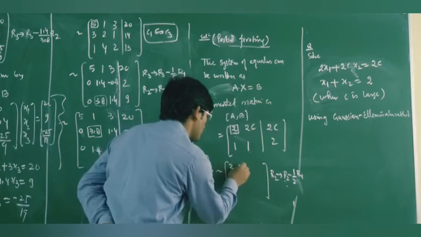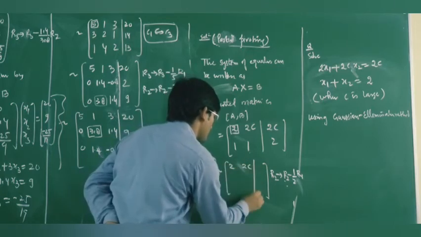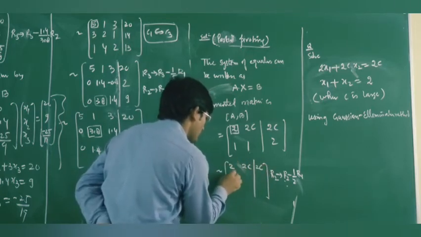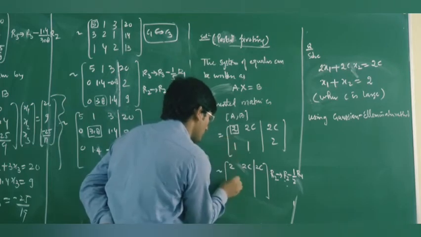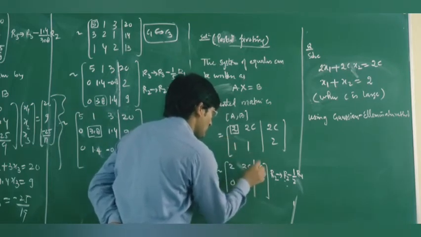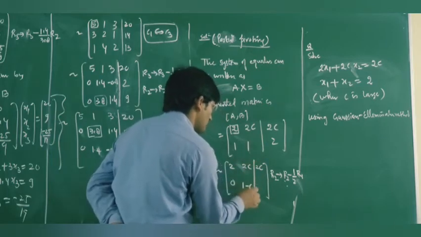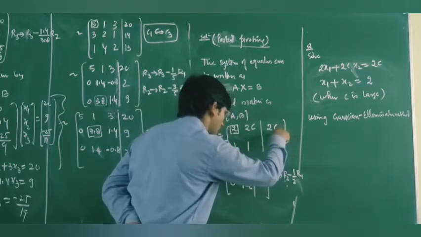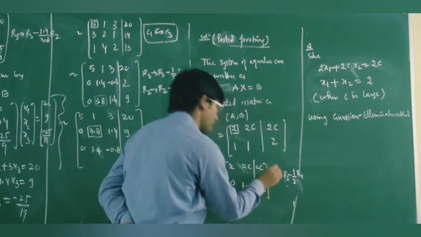So you can see that this is your 2, then we have 2c, then here we have 2c. Now this is your 1 minus this 1 will be 0. So here we will have 1 minus c. Here we will have 2 minus c.